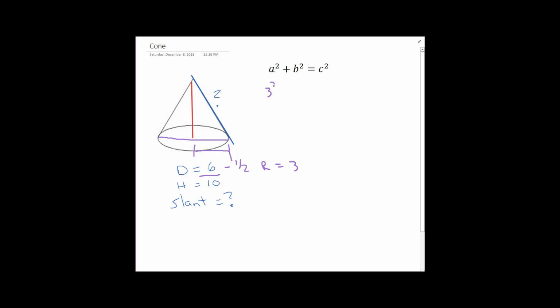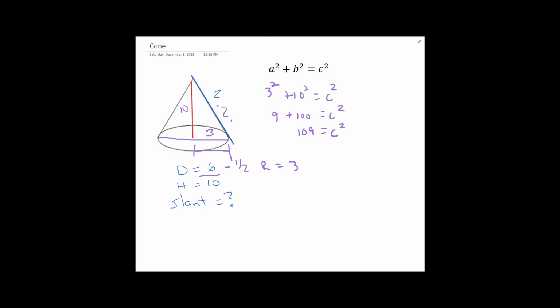So now we can do our 3 squared plus 10 squared equals c squared. This is what we don't know. This is 10, and this we figured out was 3. So 3 squared is 9, plus 10 squared, which is 100, equals c squared. 9 plus 100 is 109, equals c squared.